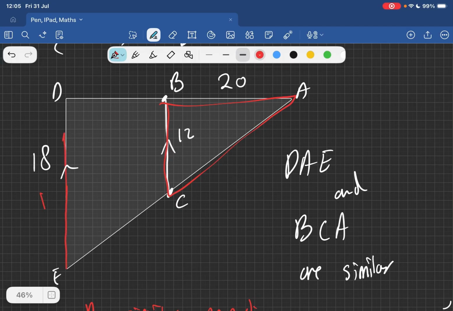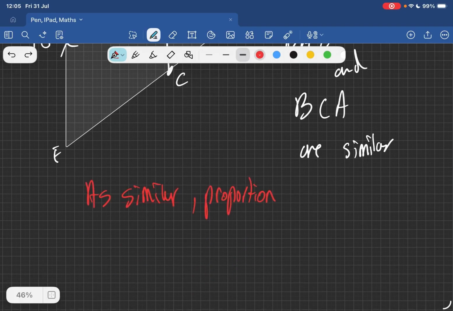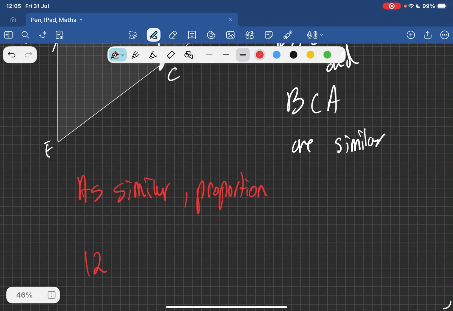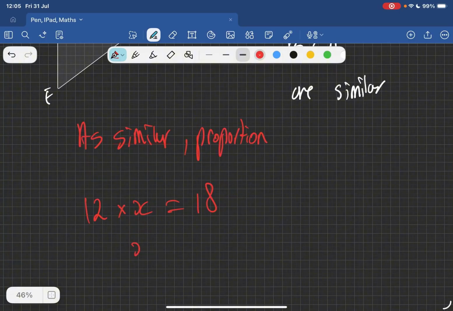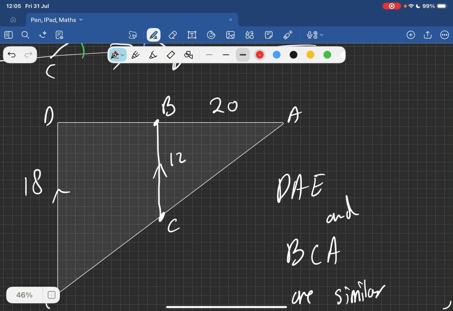It'd cover up 12 and then it needs to cover up some more. So 12 times what gives us our 18? We need to figure out our scale factor. We've got 12 times something is 18. Divide both sides: 18 over 12, divide by 6, so 3 over 2. So our scale factor is 3 over 2.